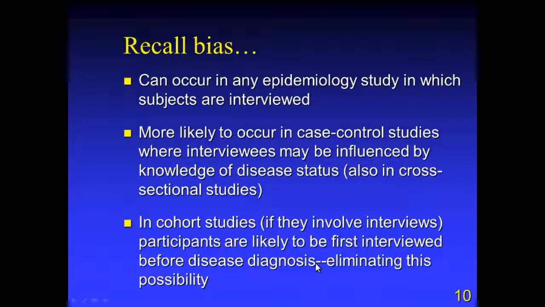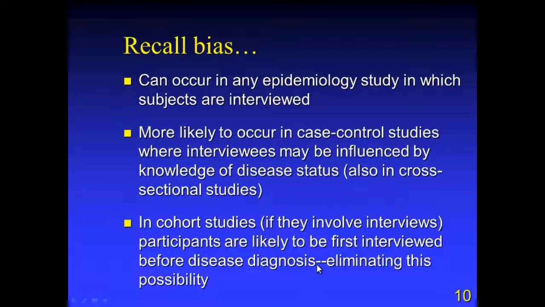First of all, recall bias is one example of this type of information bias, and it can occur particularly in case control studies, where the participants' answers, cases and controls, may be influenced by knowing their disease status.